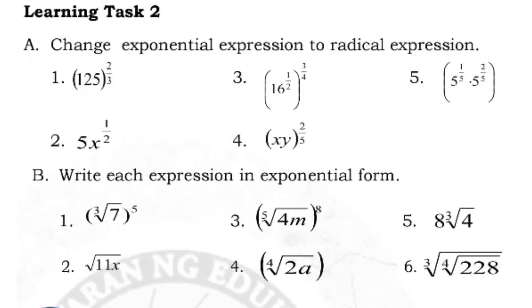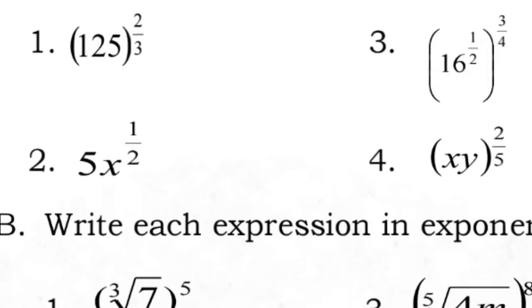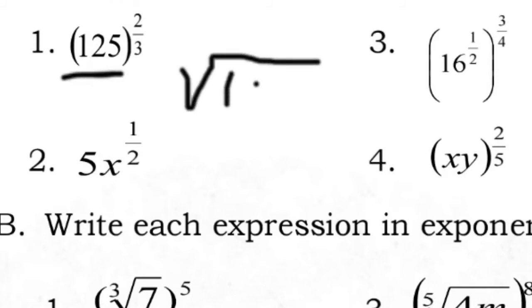Then learning task number 2, A. Change exponential expression to radical expression. So again, we're going to have number 1 as an example. 125 raised to the power of 2/3. So the base here is 125, so this will be our radicand. So we're going to first write the radical sign, then the base is 125.